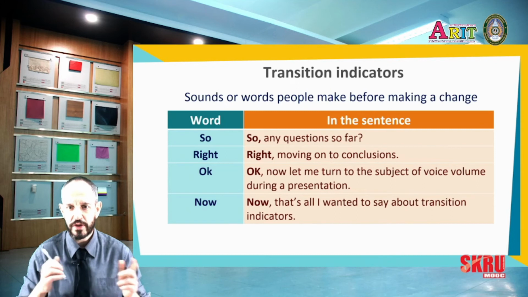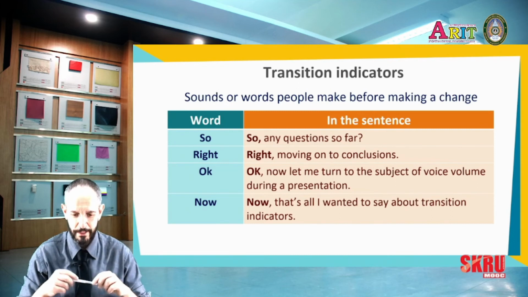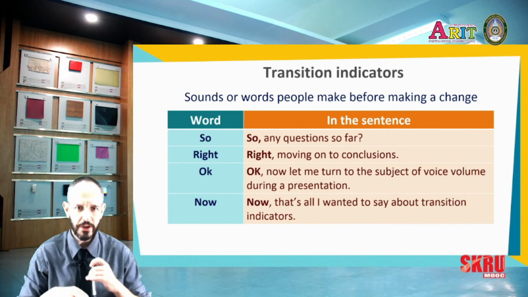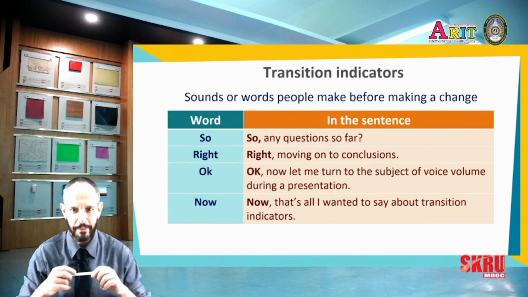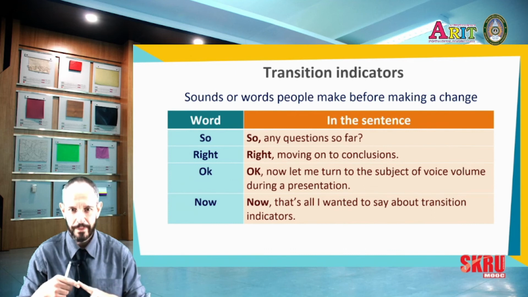Let's move on. There's also something that I've been doing a lot during my presentation here, which is using transition indicators. These are natural sounds that people make before making a change, or to indicate that they're going to make a change. They're words like so, right, okay, now.